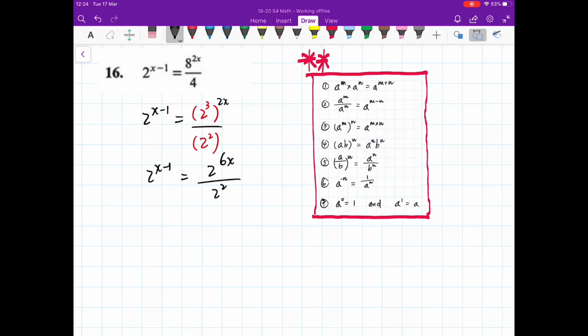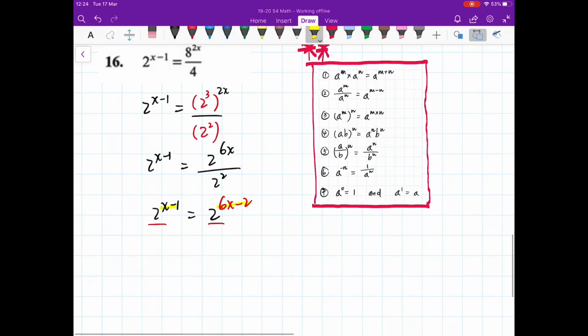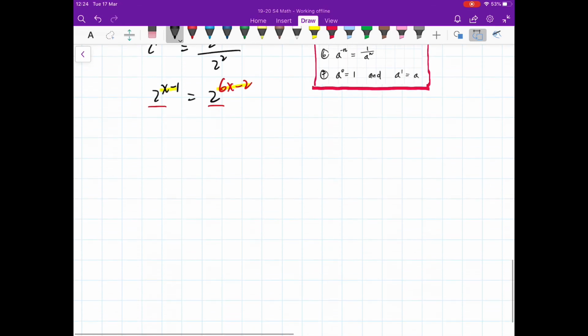Then according to the laws of index rule number 2, we can further simplify the right hand side so that it will become 2 to the power 6x minus 2. Then we know that both sides now share the same base, so we just directly compare the power.